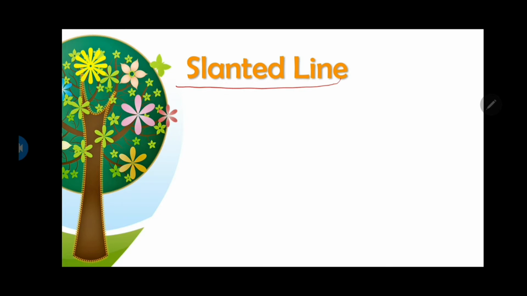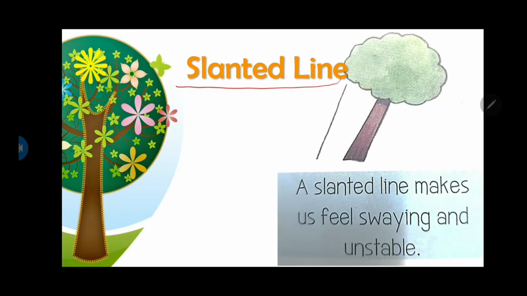Next, we have slanted line. Please underline the word slanted line in your book. Slanted line looks like this. So it is different from straight line. I'm going to draw a straight line here beside. See?